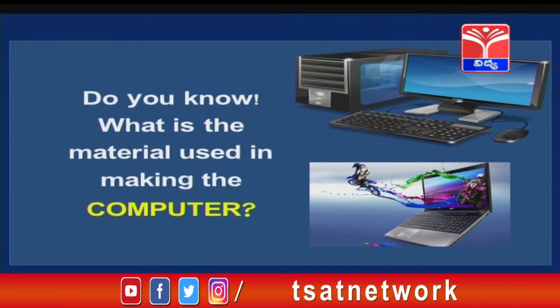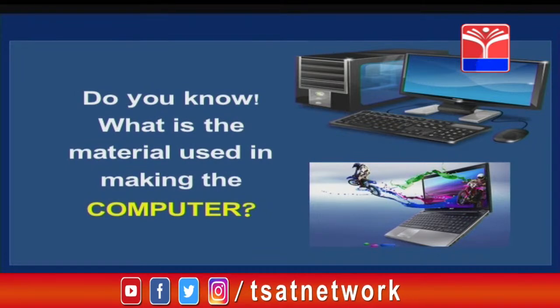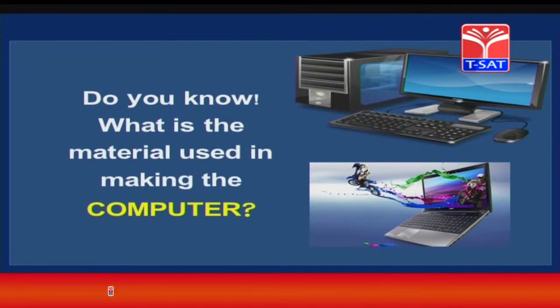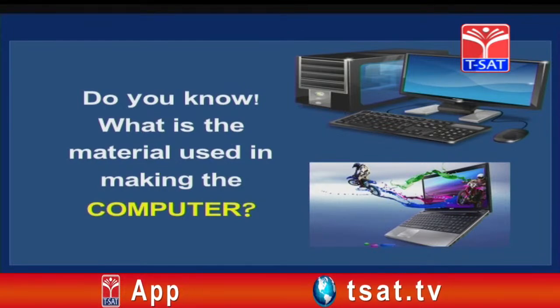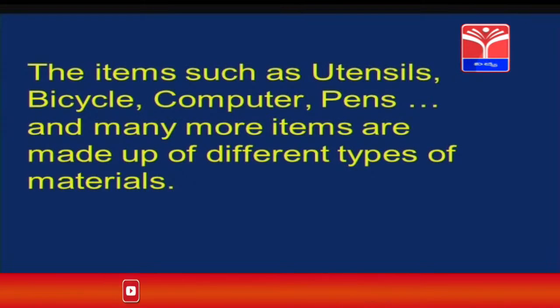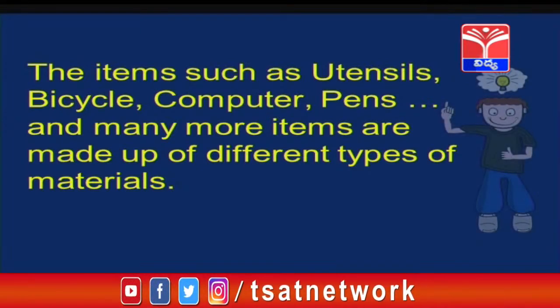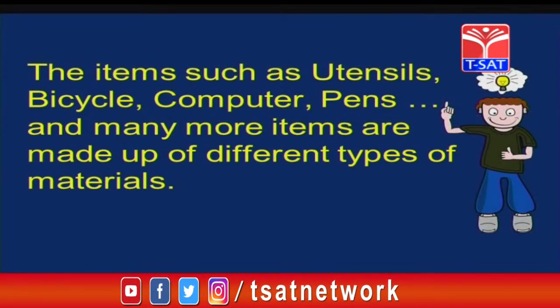Do you know what is the material used in making the computer? Yes, in our 8th class we studied bakelite, it is a plastic, it is a synthetic fiber. The items such as utensils, bicycle, computer, pens and many more items are made up of different types of materials.